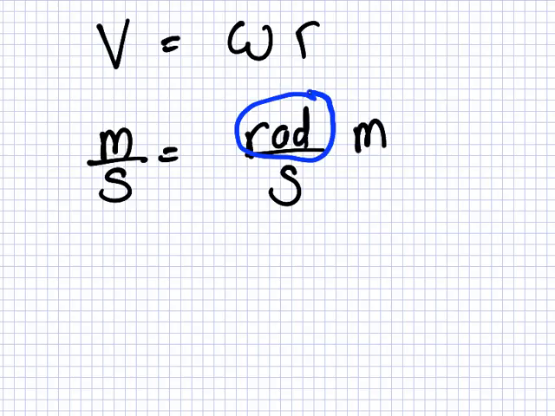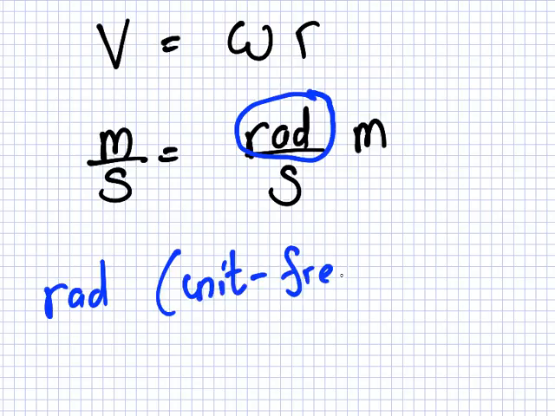This is an important, not too difficult idea: the radian is actually not really a unit. It's unit free. I don't want to say radians don't exist, because obviously they do, but they aren't really a unit.